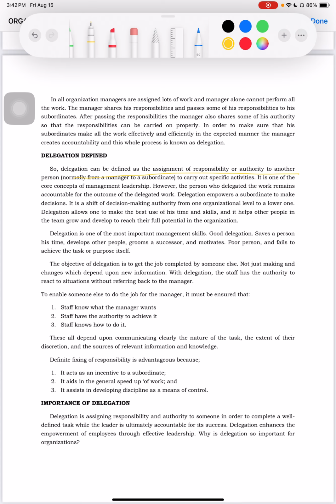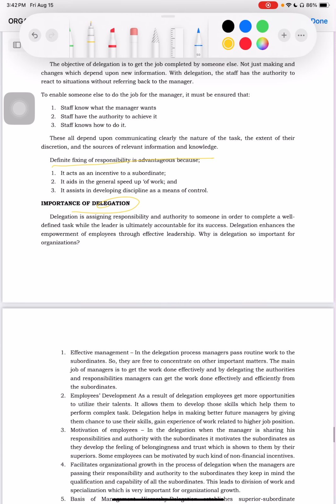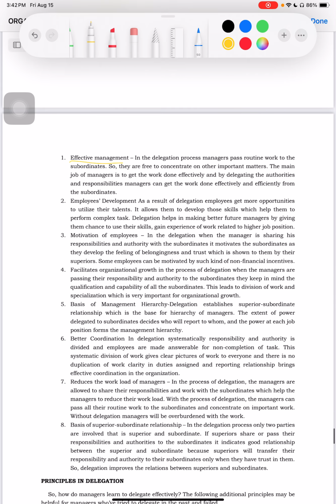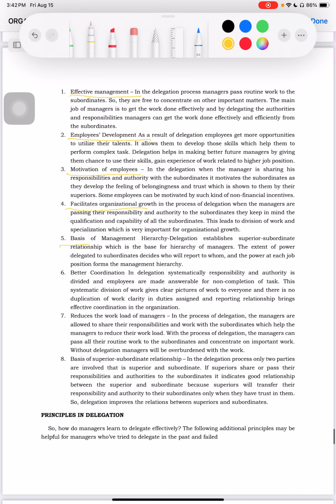You pass the work, you delegate the work to your members. Don't do everything yourself. So delegation is assigning responsibility to people. You read that. I'll give you the freedom to read it to check whether you have read it or not.